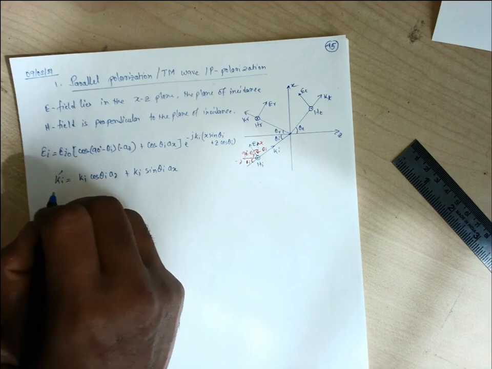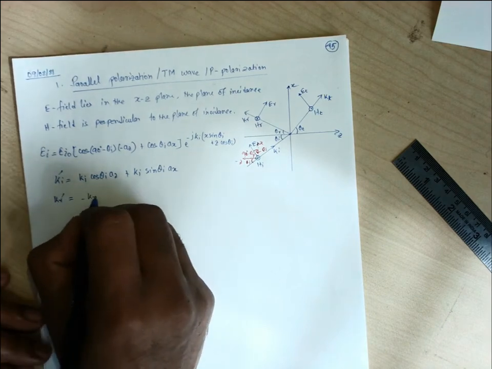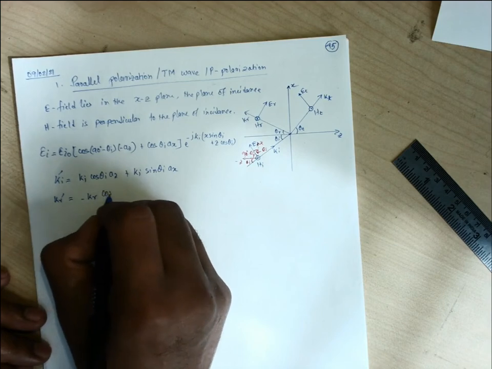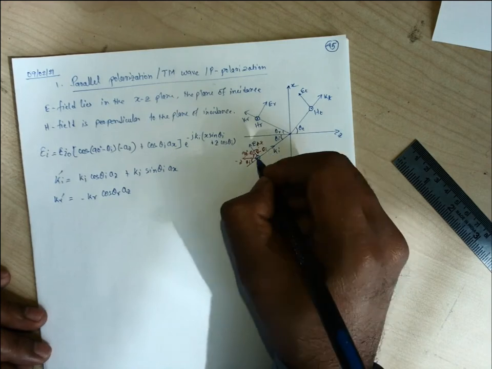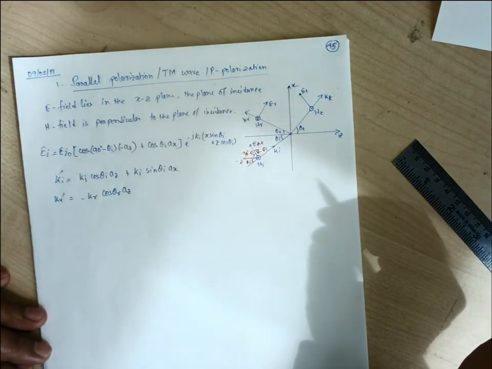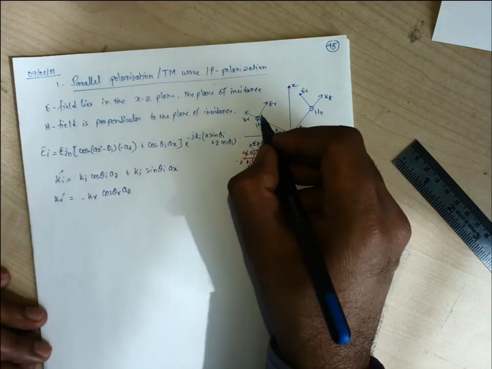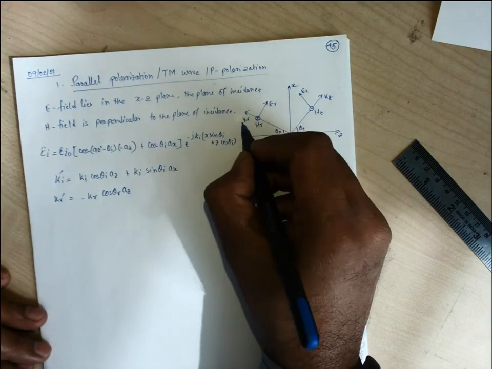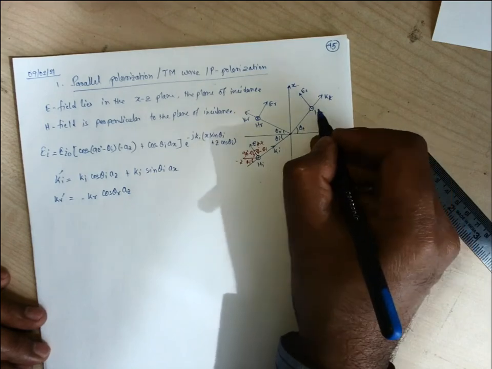Then the reflected, minus kr cos theta r, which is along z. If we split this one into z and x components, then this will come out. Same for this kr, it is along minus az and x. Same for kt, it is plus z and x.